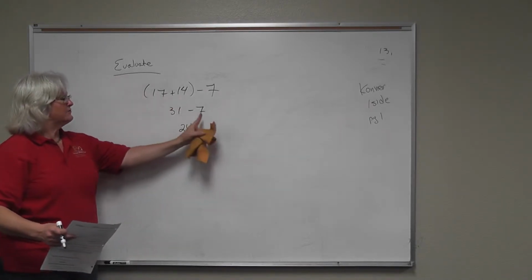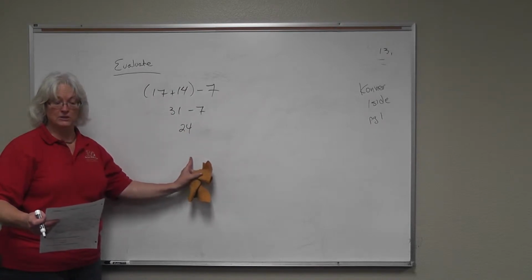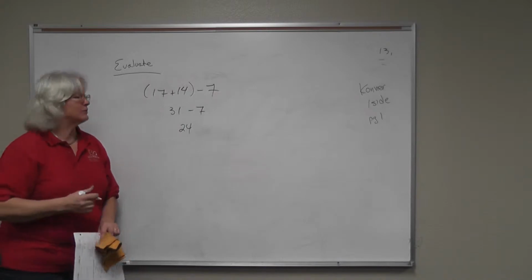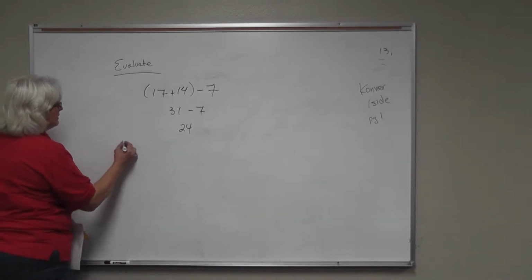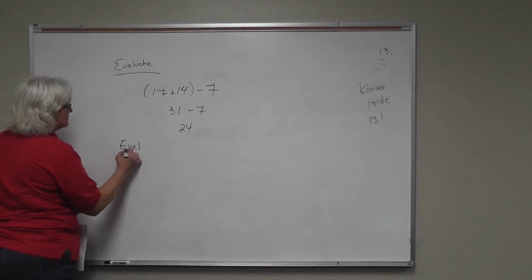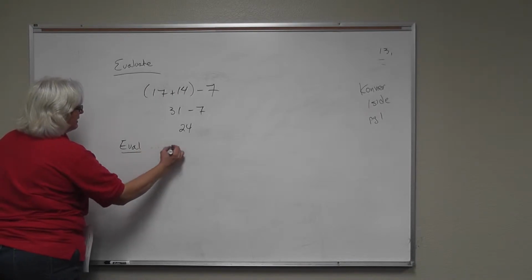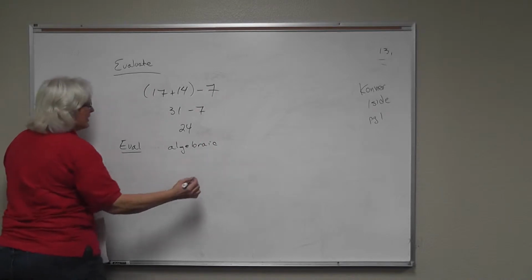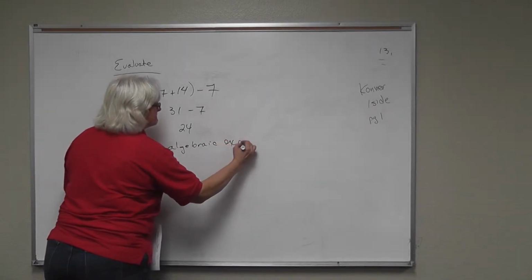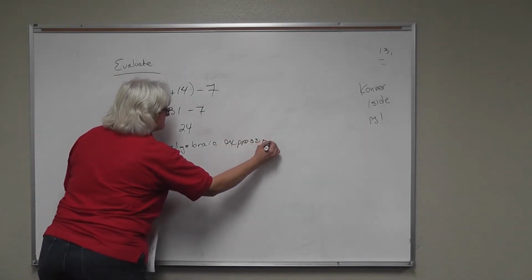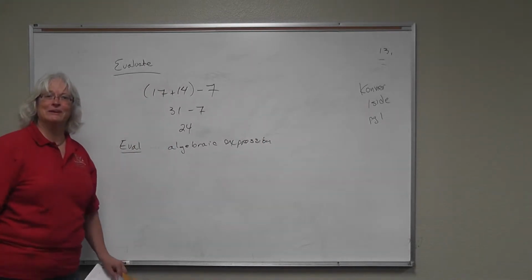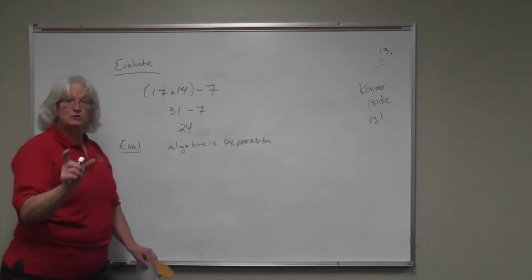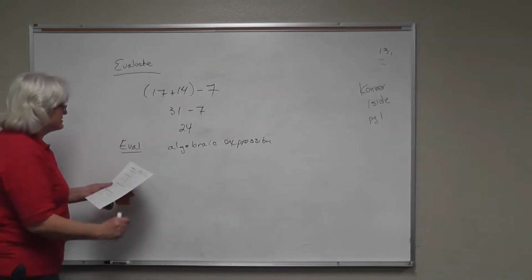So you're going to have to evaluate a numerical expression. Then they're going to have 2 problems where you have to evaluate an algebraic expression. What's an algebraic expression? It has variables, or letters. The letters are what we call variables. So here's the example.